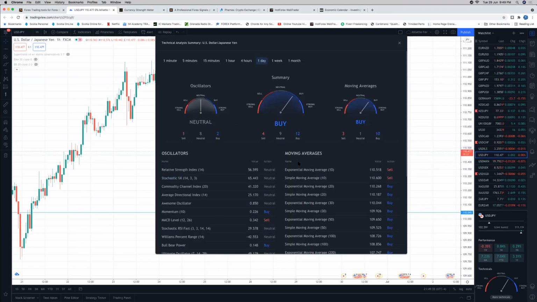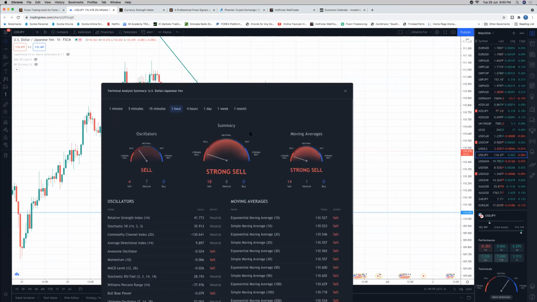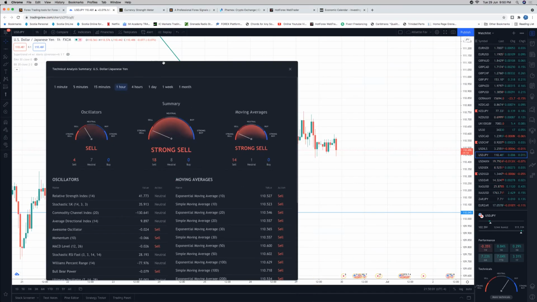Then we have different types of moving averages inside here, right? And still there is a whole host of these here. And these combine together to give you averages. So for example, on the USD/JPY, if we look at it on the 1 hour, the USD/JPY is saying there is a strong sell on the 1 hour, right?